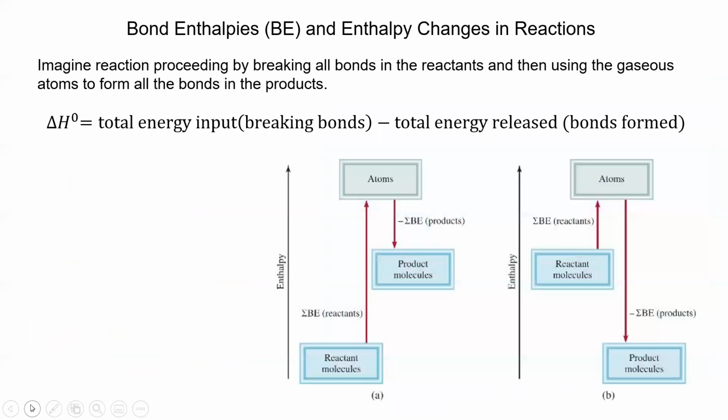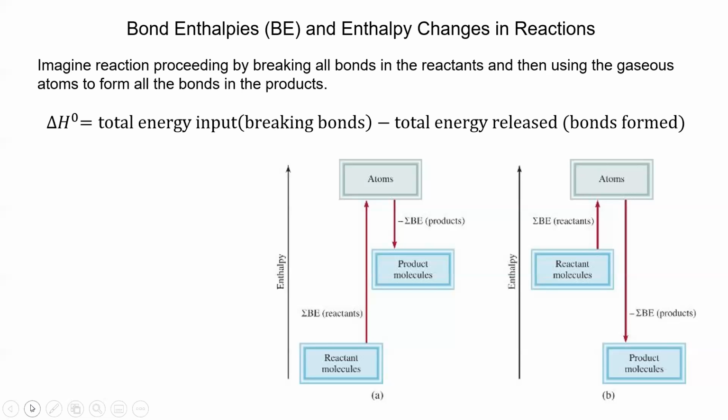Okay. All right. In chapter 6, when we talked about enthalpies of formation, we did the enthalpy of formation of all the products minus the enthalpy of formation of all the reactants. In other words, all the energy that was released forming the products, minus the energy that was put in forming the reactants.